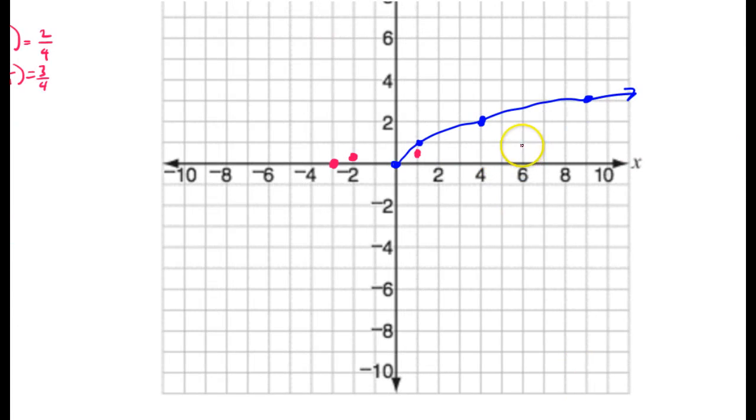Okay, 6 comma 3/4 would be right here. All right, this is hard to draw because it's so short. Okay, so hopefully you can see that this graph has indeed been shifted to the left, and it is 1/4 of its original height.